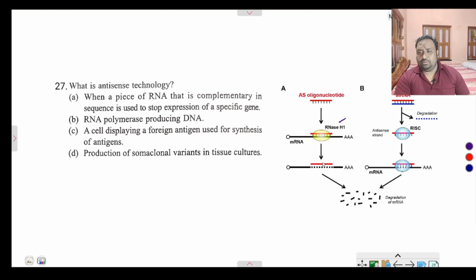So RNase H1 breaks down the mRNA, so the mRNA becomes silent. Suppose this is a foreign DNA, or DNA from some Meloidogyne incognita nematode that causes root disease. The antisense oligonucleotide is a small fragment that binds with the mRNA and degrades it due to RNase activity.